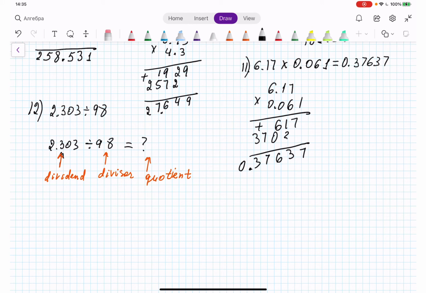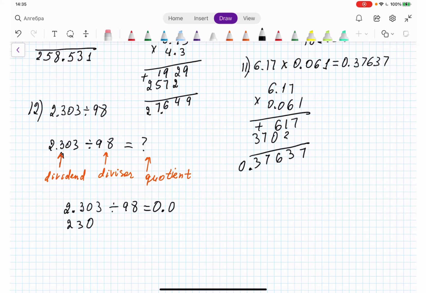So, 2.303 divided by 98. I'm going to divide just like that. See how I'm going to divide. Taking 2, 2 is not divisible by 98, so I put 0. Decimal point, because here the whole number is done. Bringing down 23. 23 by 98, also I cannot divide, 0.